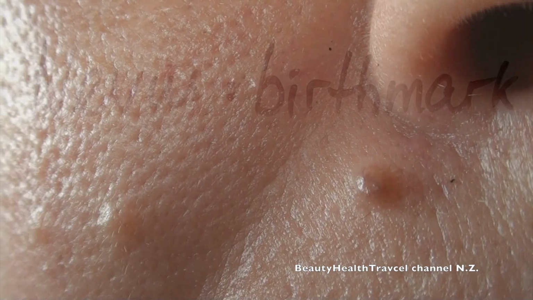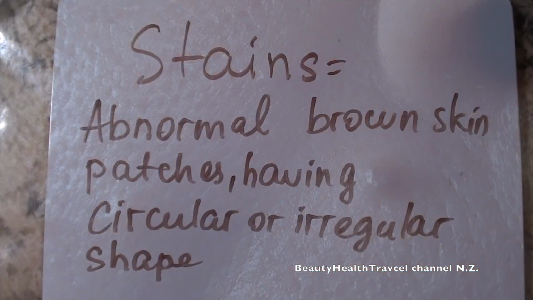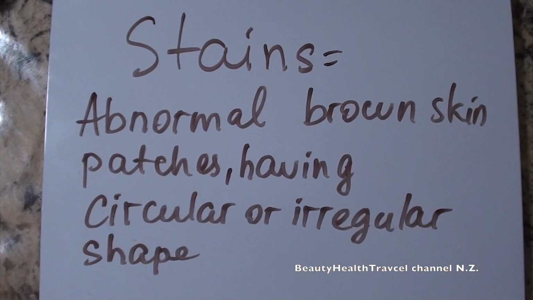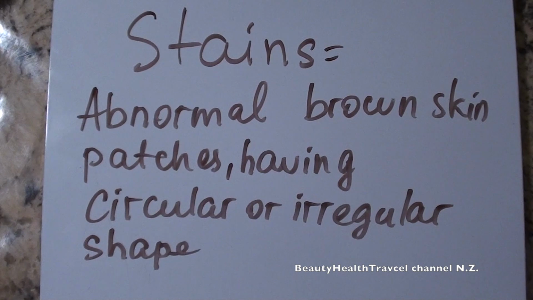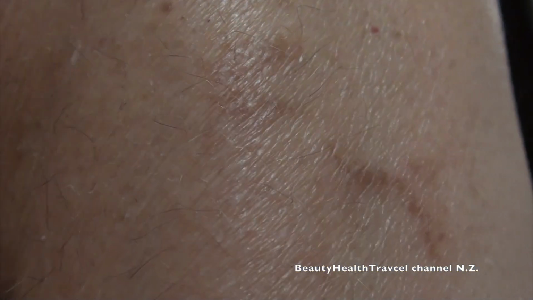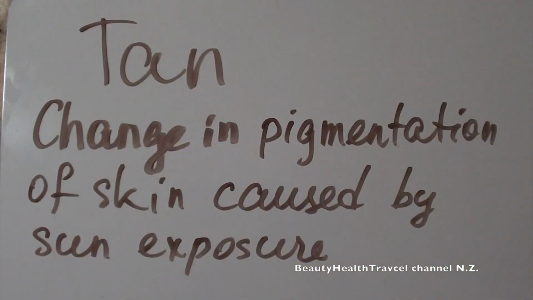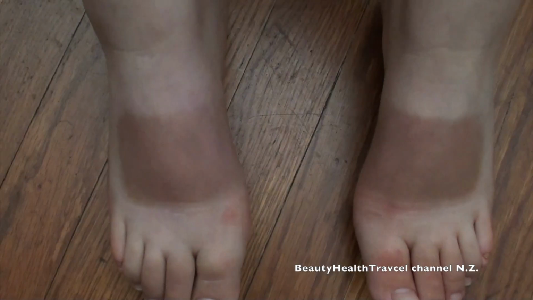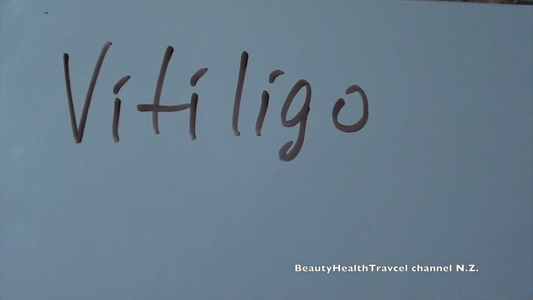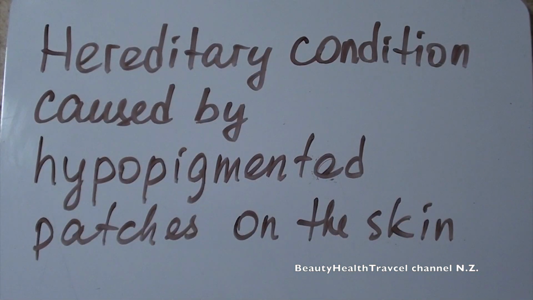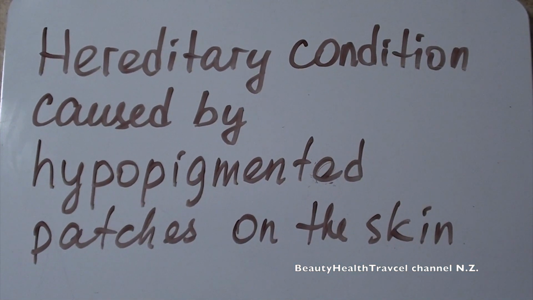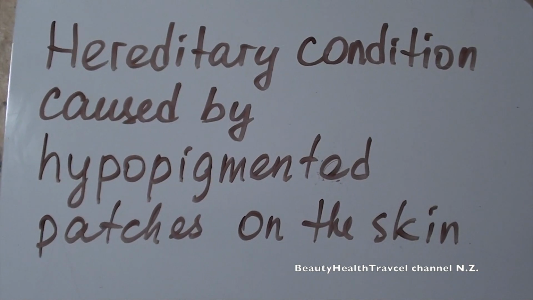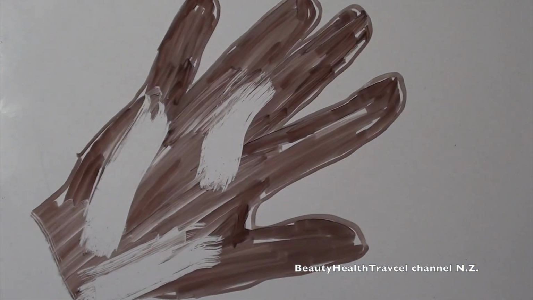Nevus is a birthmark. Stains are abnormal brown skin patches having circular or irregular shape. Tan, change in pigmentation of skin caused by sun exposure. Vitiligo, hereditary condition caused by hypopigmentation, light patches on the skin.